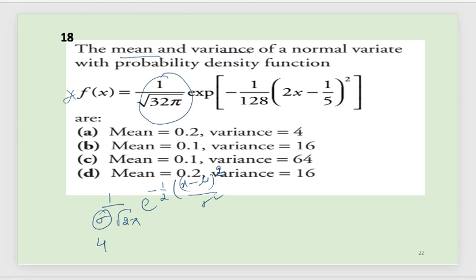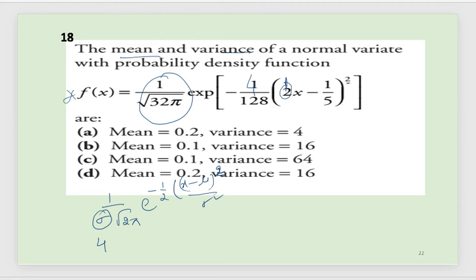Now we are going to simplify the e to the power portion, written in terms of exp. The first point is I want no coefficient of x. So when I take 2 common, it will be squared when it comes out of the bracket, so 2 square becomes 4 here, and this becomes 1.